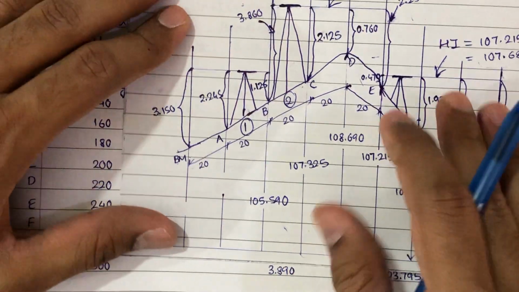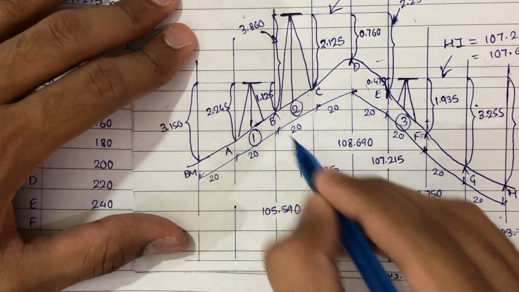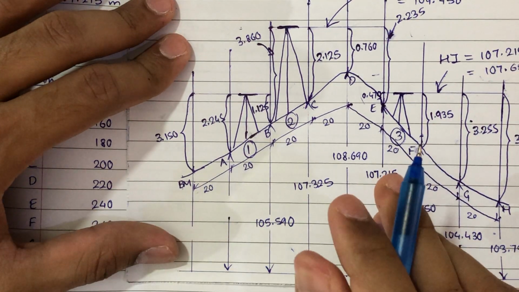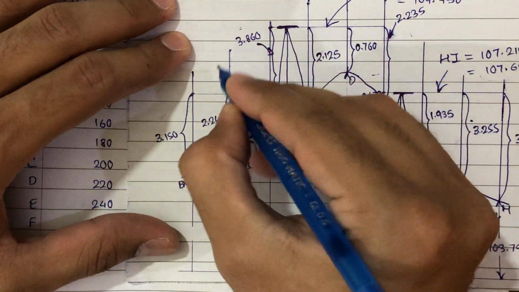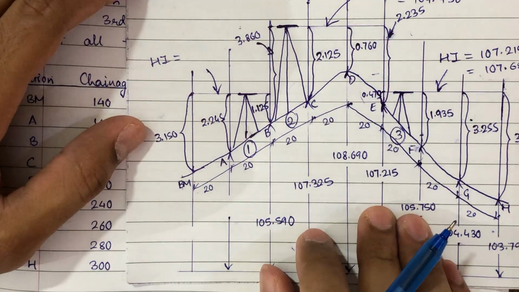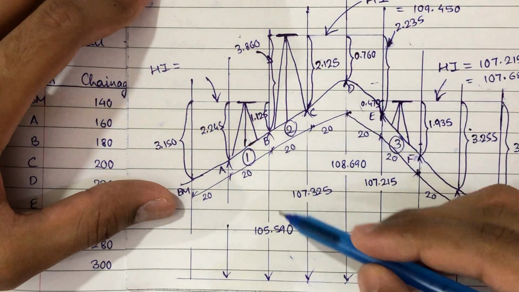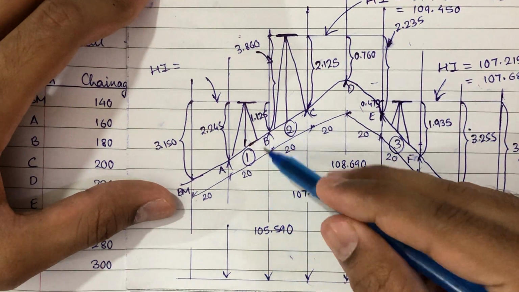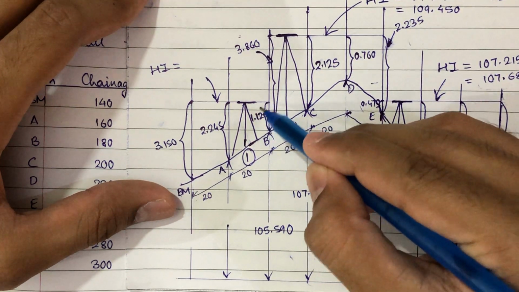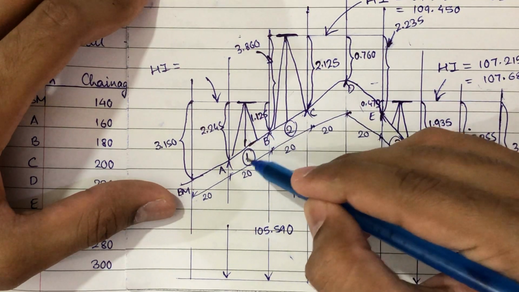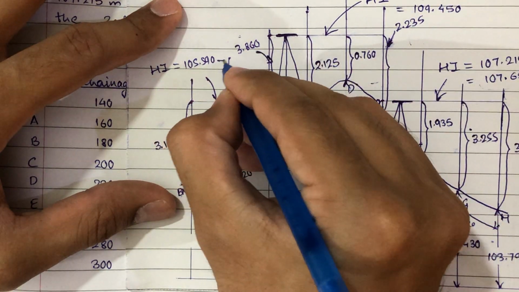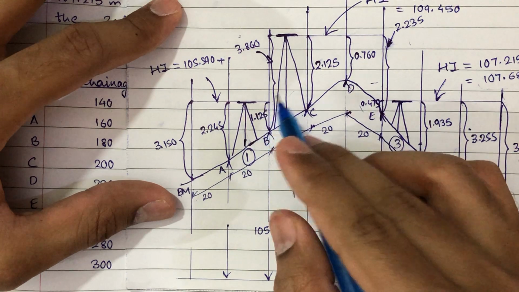Okay. Next, we need to calculate this RL at this point A. Now RL at A will be what? For that, we have to calculate this HI value. Now what will be this HI value? This HI will be this RL at B we calculated. RL at B plus this height will give us the HI for this position. So this will be 105.590 plus this height, that is 1.125.